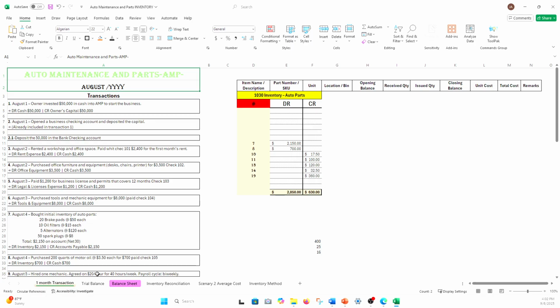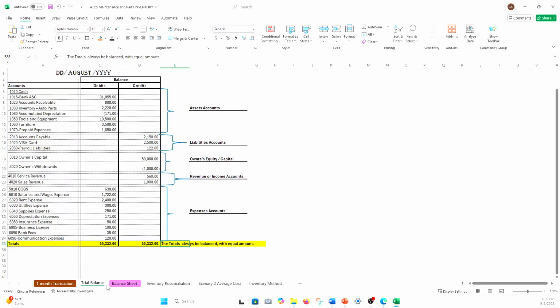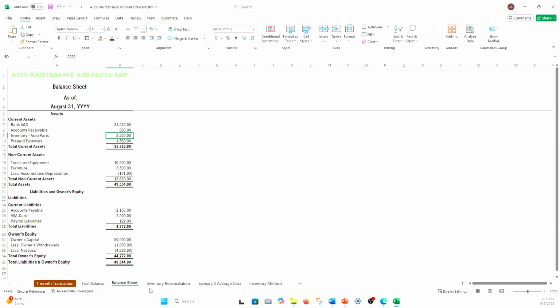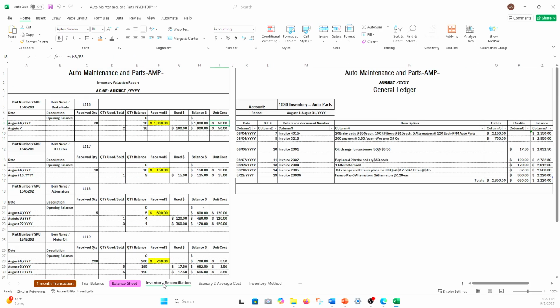So we created all the transactions for that time for the month of August. Also we created the trial balance and the balance sheet. So now let's go back to the inventory. All these transactions are part of the monthly transactions that we created.